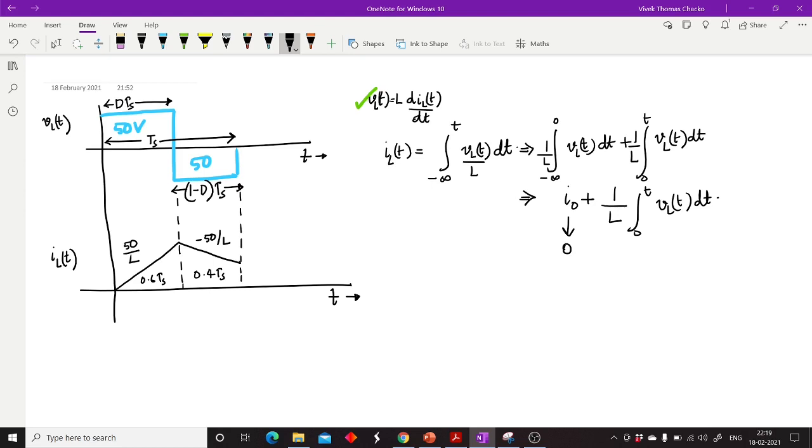Similarly, during the next cycle of VL, the voltage will again become 50 volt, and correspondingly during the 1 minus dTs interval of the second cycle, the voltage becomes minus 50 volt.